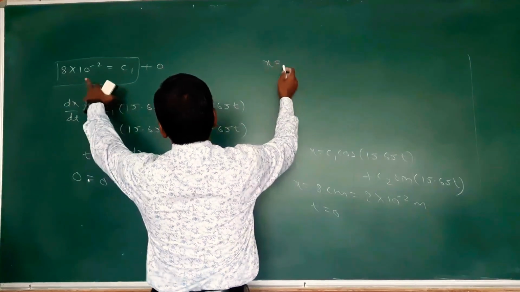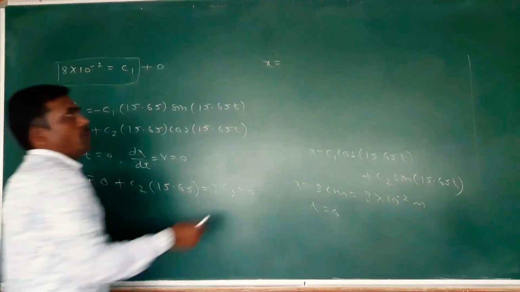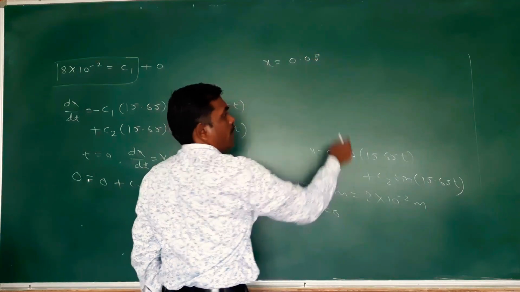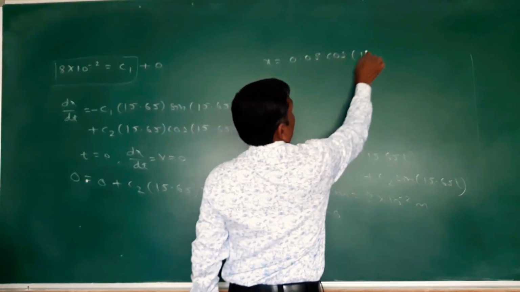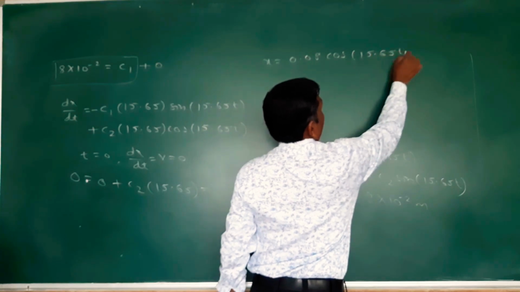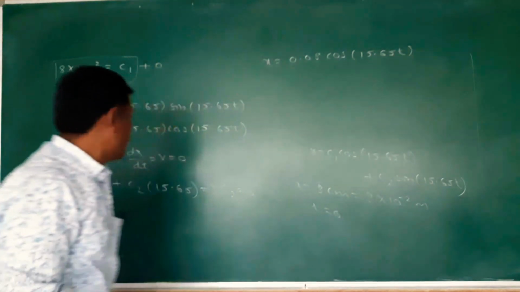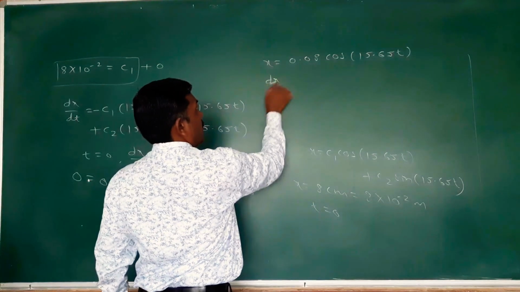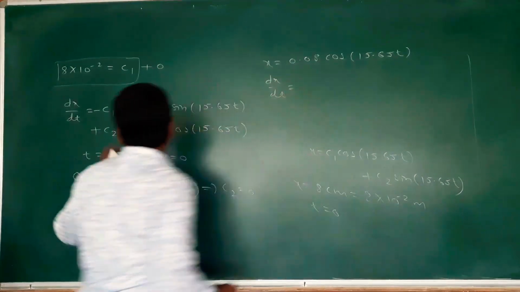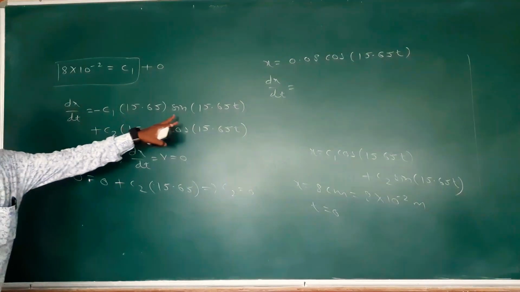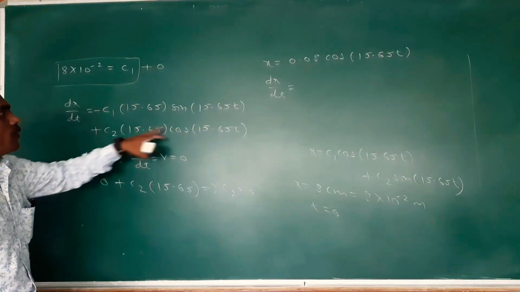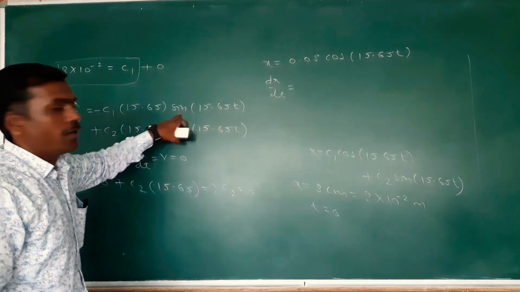Our final answer is x is equal to C1, and C1 means 8 into 10 raised to minus 2, that is 0.08, so 0.08 cos 15.65t. And the velocity dx/dt is equal to, here the value of C2 is 0, so this term is 0, only the sin term remains.